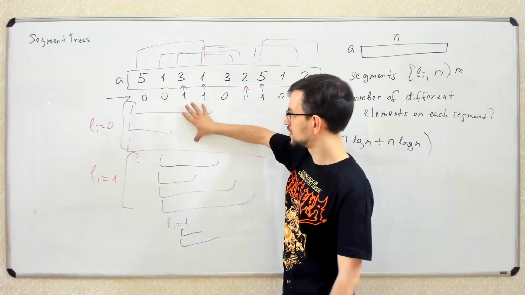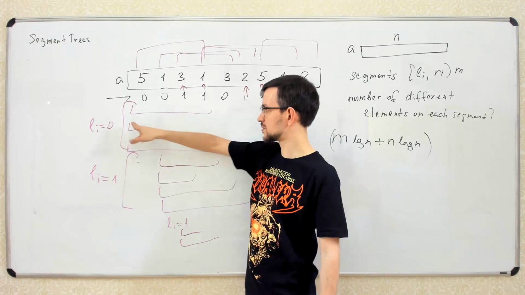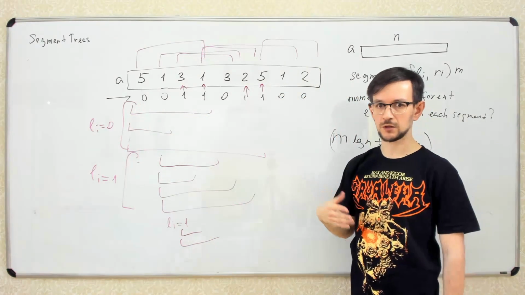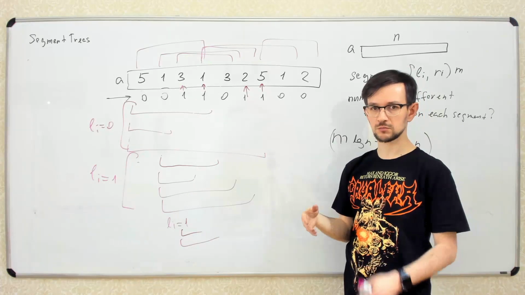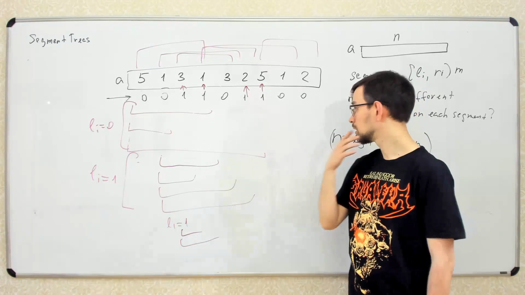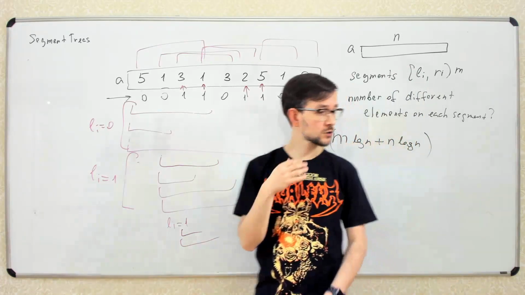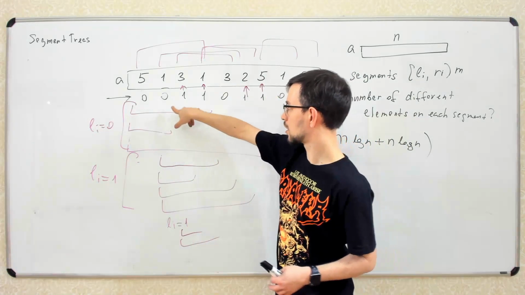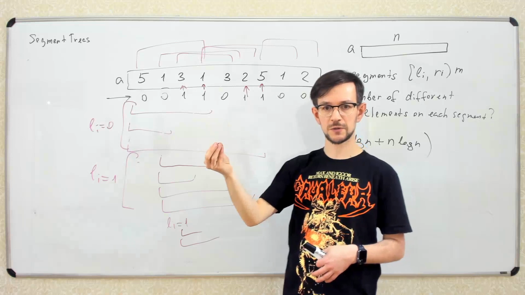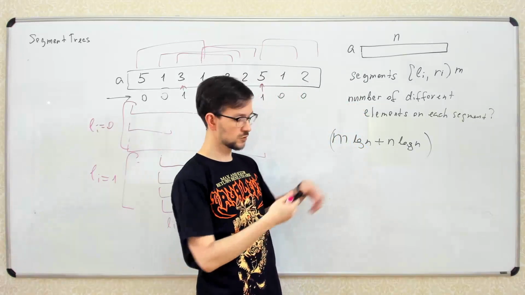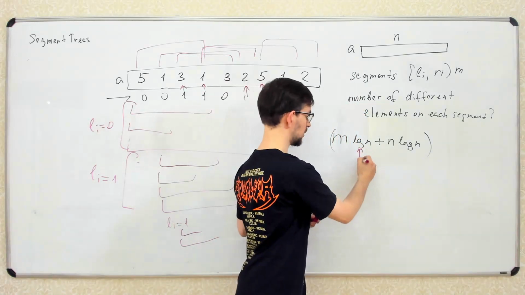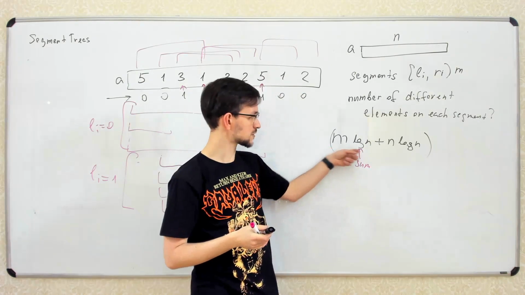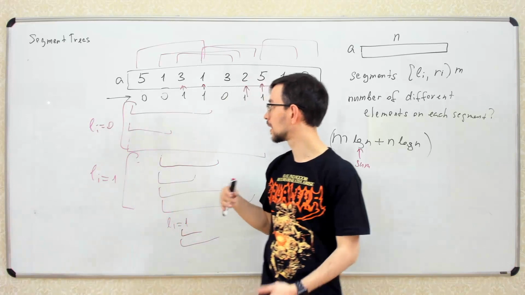Now you take all the segments from this bucket, so all segments with left border here, and calculate the sum on each segment. It costs you log n time, because you just make one operation in the segment tree for each segment. So this is where you calculate the sum in the segment tree, once for each segment.